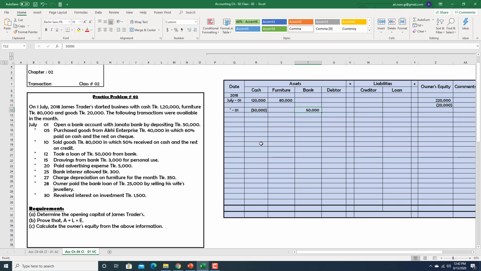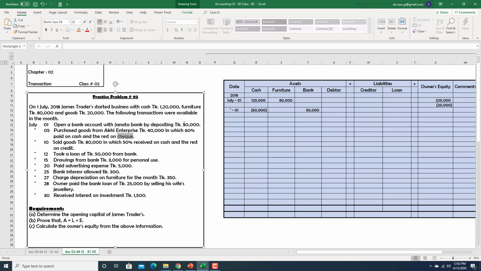Okay. Then July 5, purchased goods from Aki Enterprise, taka 40,000, in which 60% paid on cash and the rest on check. So the payment has been made in two forms, one on cash and the other on check.